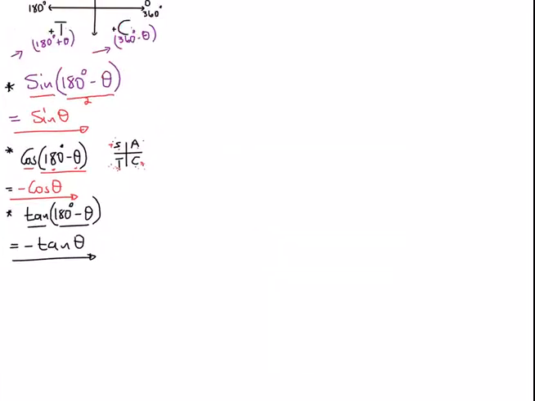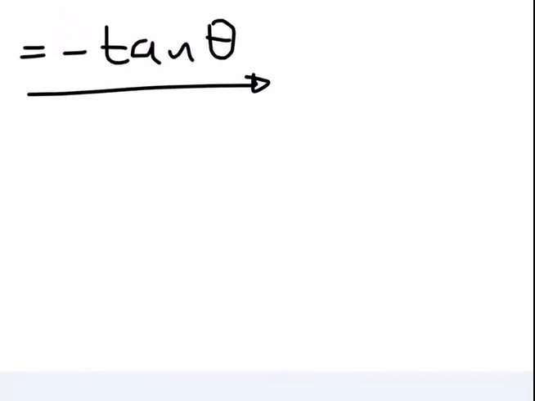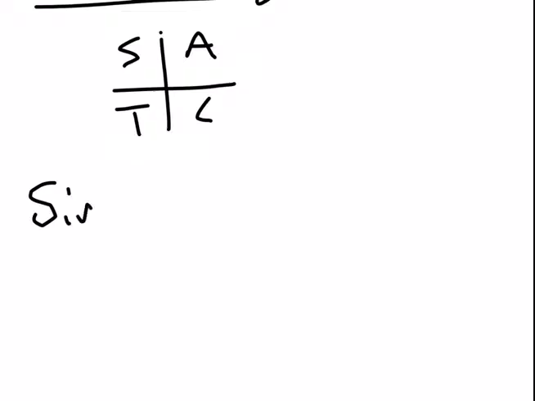So now, maybe let's look at another one. Remember the CAST diagram. This thing you will always need under this part of trigonometry. Let's say you have sine of 180 degrees plus an angle.